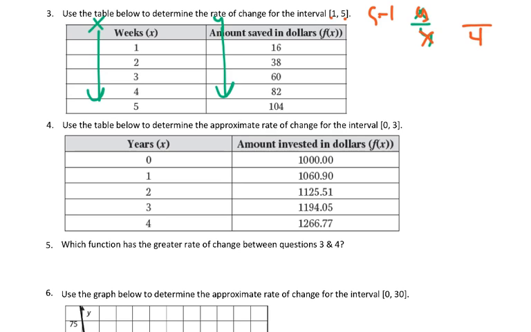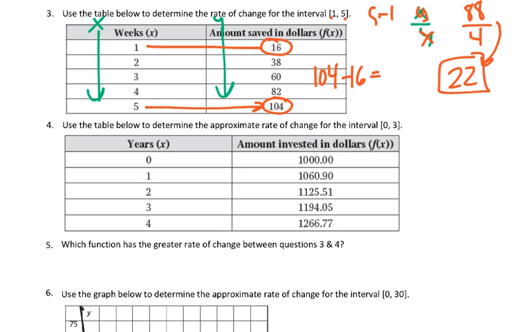Then my y value is 16 at 1 to a y value of 104 at 5, so I go 104 minus 16, and that gives me my top number. That would be 88. Then 88 divided by 4, if I can simplify it, which I can, would be 22. So my rate of change is 22.